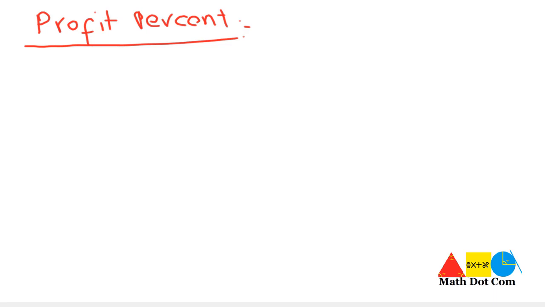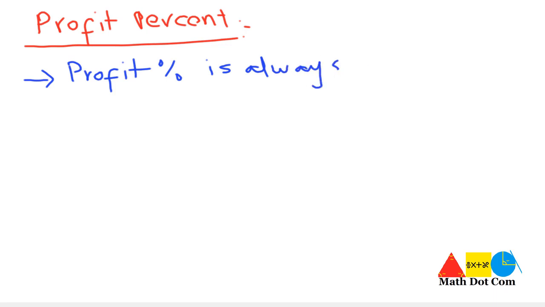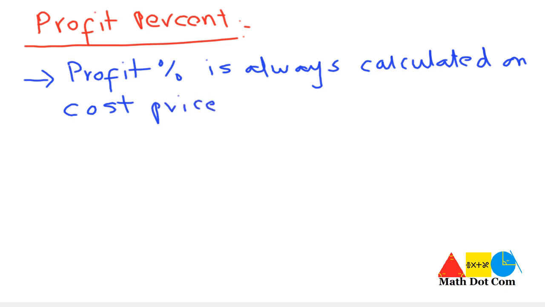One thing that you have to keep in your mind is profit percent is always calculated on cost price. For profit percent there is no relation with the sale price.